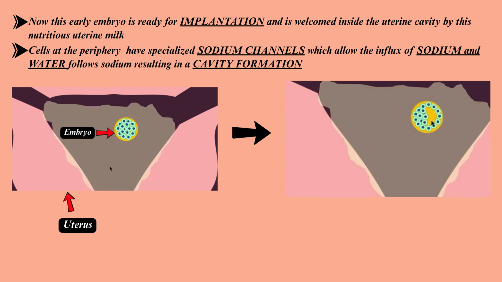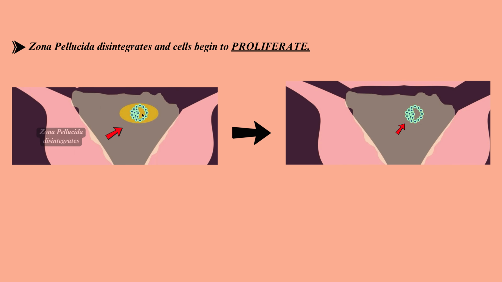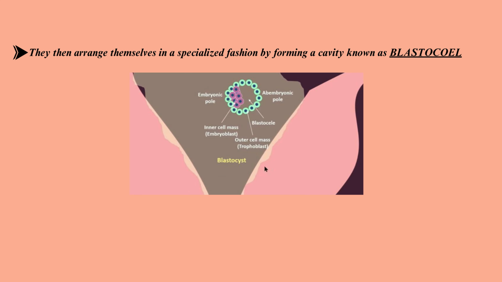The cells that are present at the periphery have a specialized sodium channel that allows the influx of sodium, and the water follows the sodium, and it results in the formation of a cavity inside the cells. And zona pellucida disintegrates, and now these cells proliferate and arrange themselves in a specialized fashion by forming this cavity that we call the blastocoel.